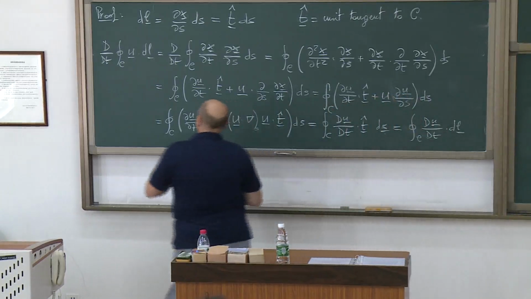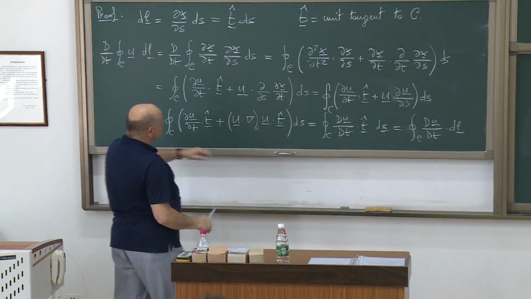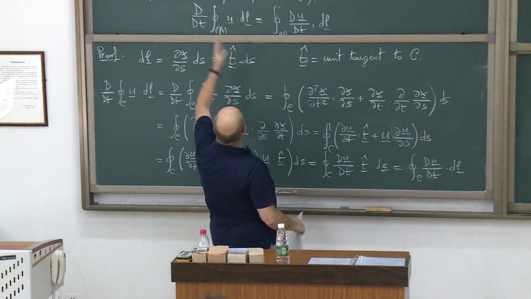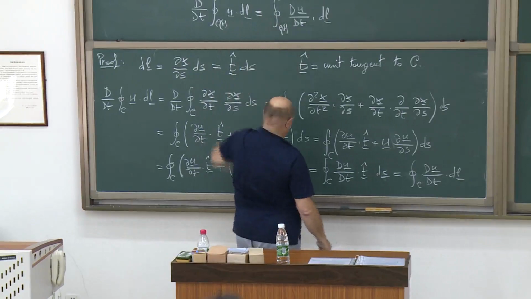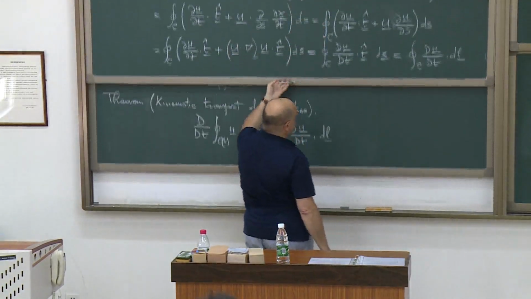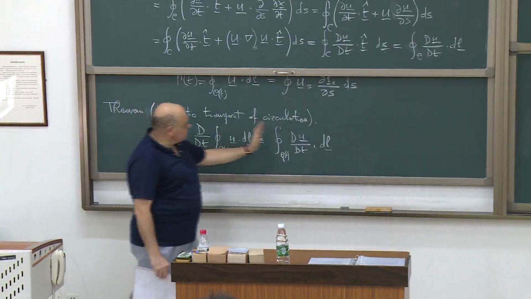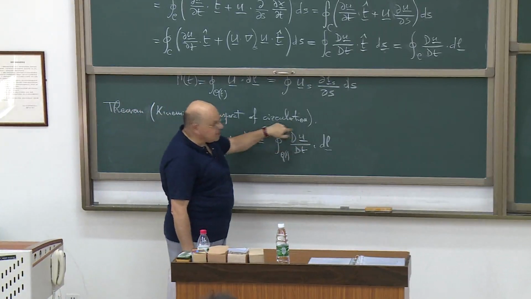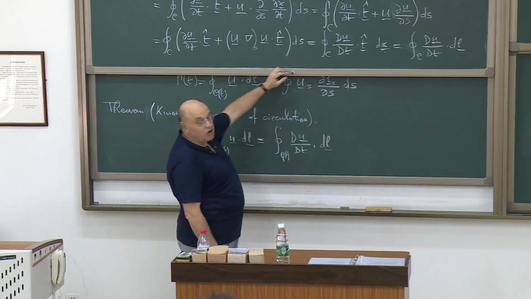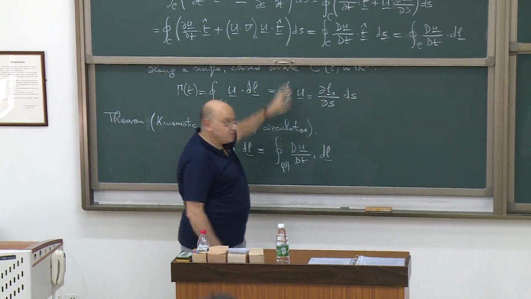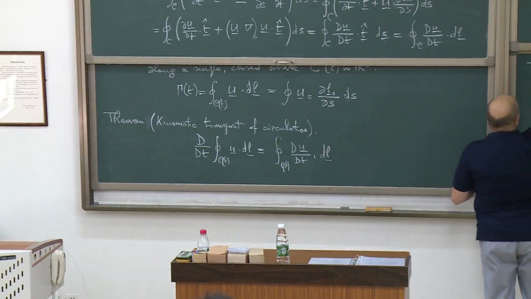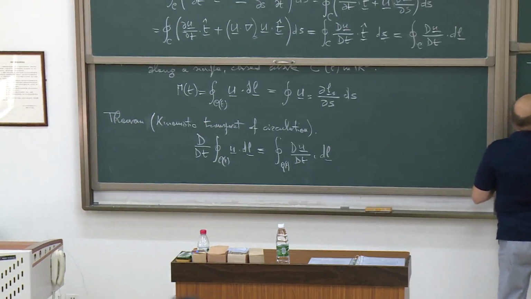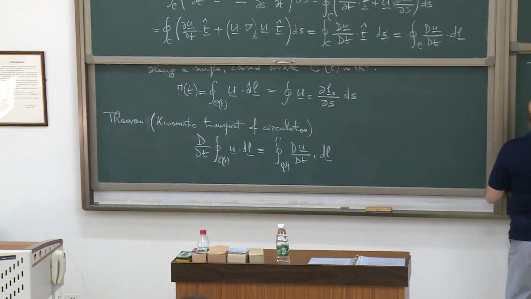Okay, so as far as this derivative is concerned, we can bring it in or out. And since this can be brought in, and we have du/dt, you remember immediately we deal with Euler equations. So we have obviously the result of Kelvin on circulation.